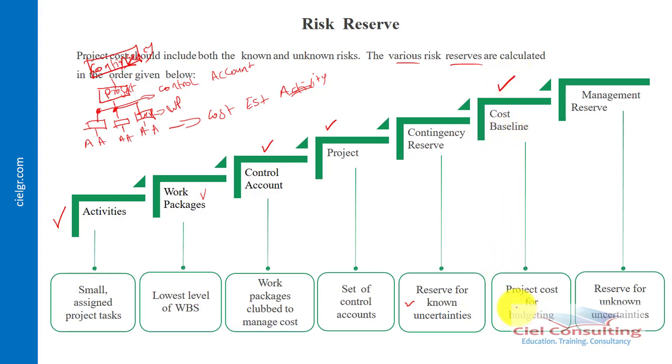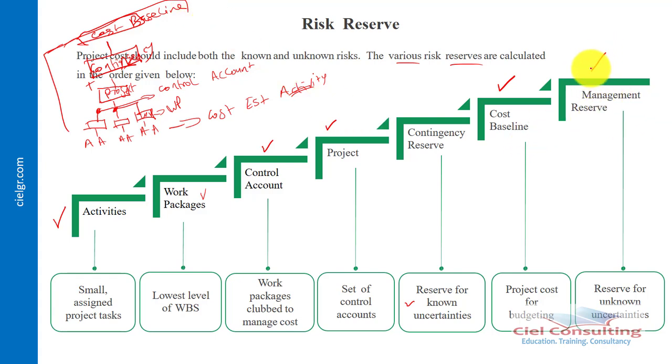This is the project cost for budgeting. In other words, a combination of this contingency reserve and your project estimate rolls up to give you your cost baseline. The cost baseline is what is released or made available to the project manager, and it is the basis upon which you're going to track project performance.